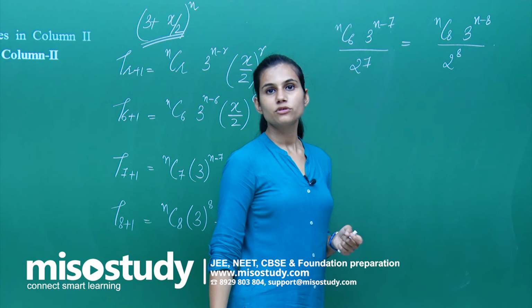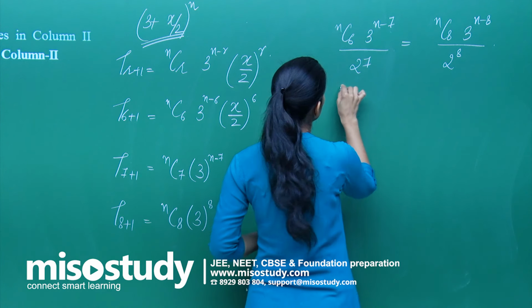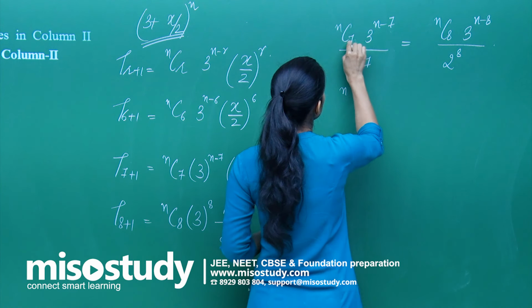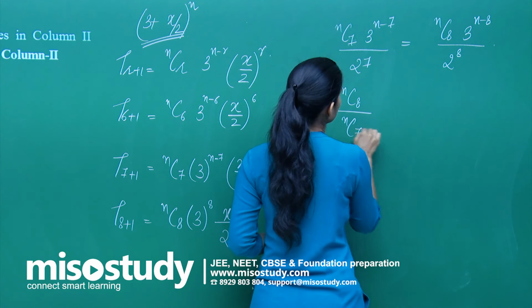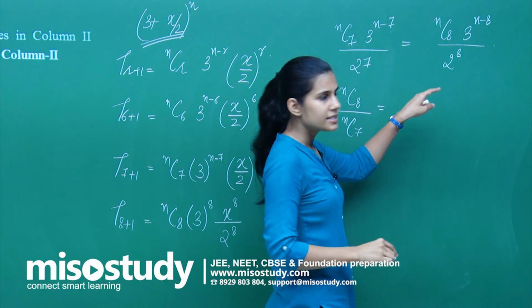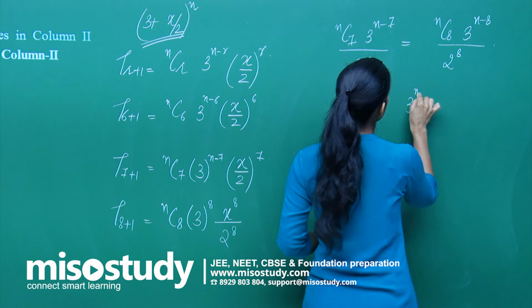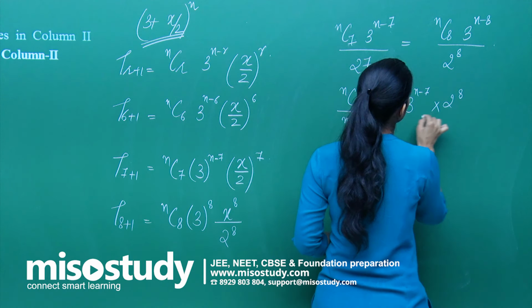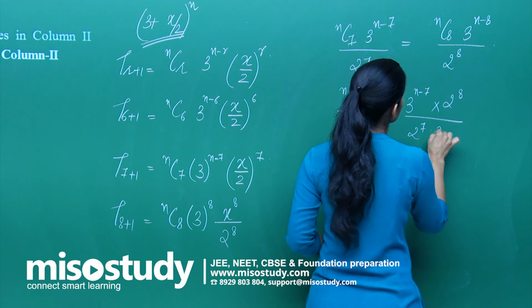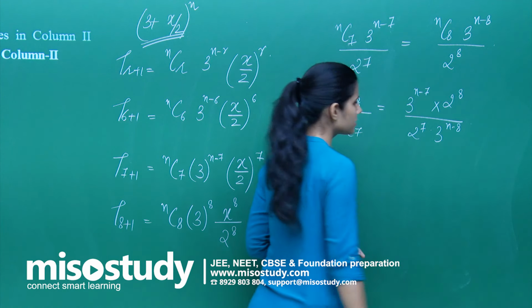And now from here, when you try to find the value of n, you basically get nC8 upon nC7, which gives you 3^(n-7) into 2^8 upon 2^7 into 3^(n-8).